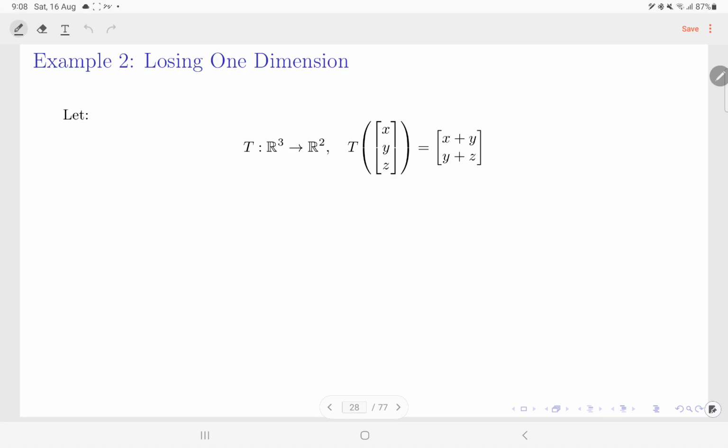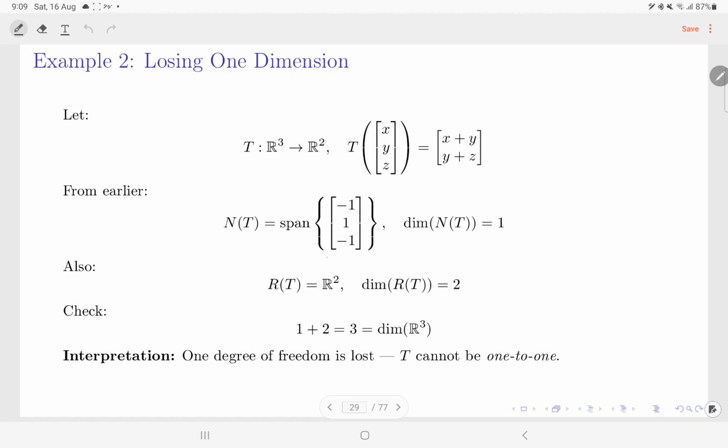Next, R3 to R2, I have already solved this one. If you remember, when I was finding range of T and null of T, this was your null of T. So the dimension of null of T is 1, because there is only one vector in this. What about range of T?